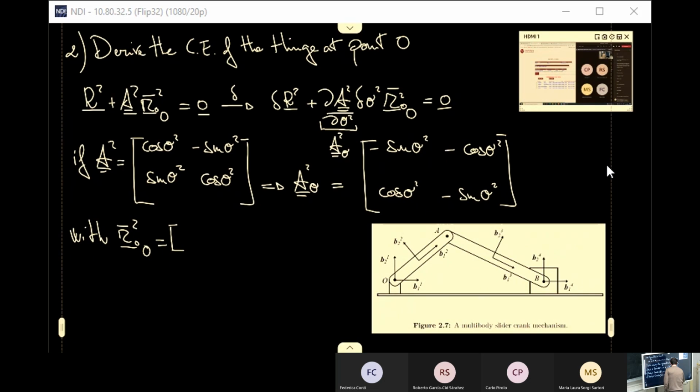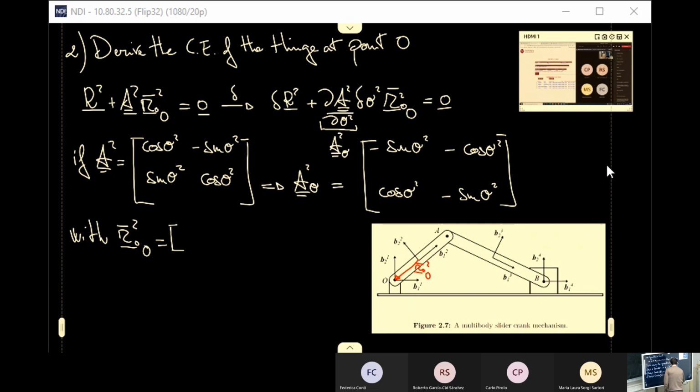So this is our R0, O, 2. Okay, it's that vector there, going from the origin of the local frame of the second body, reaching out O, right?